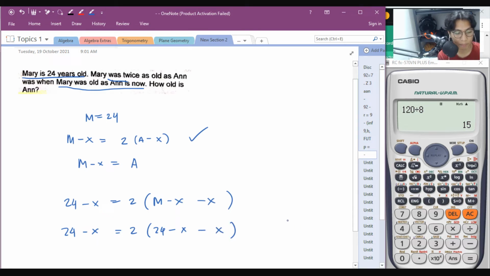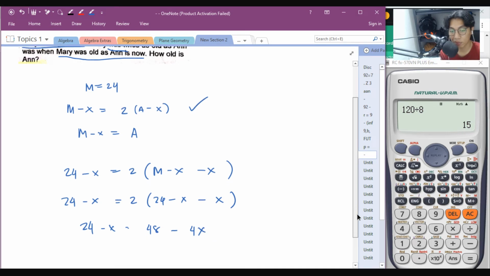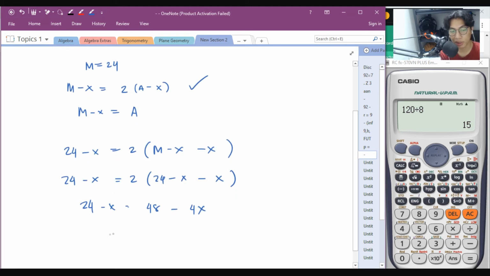Para mahanap mo yung value nung edad ni Ann, ilan yung ibabawas mo para mabalanse mo yung edad nila. So, 24 minus x equal to 48 minus 4x. Ayan, no? Negative, negative 2x yan. Times 2, negative 4x. So, pagsamahin ko, 4x minus x equal to 48 minus 24.